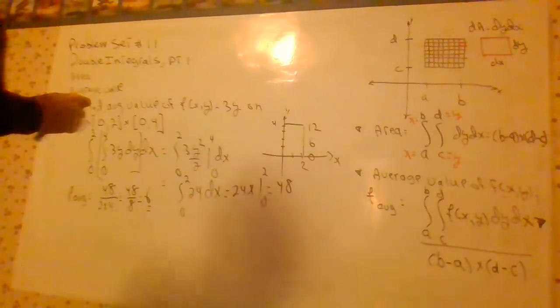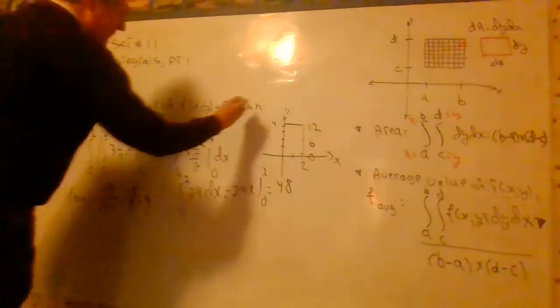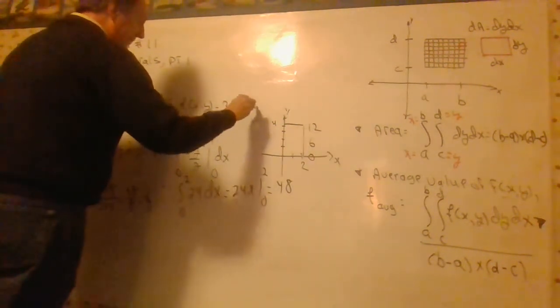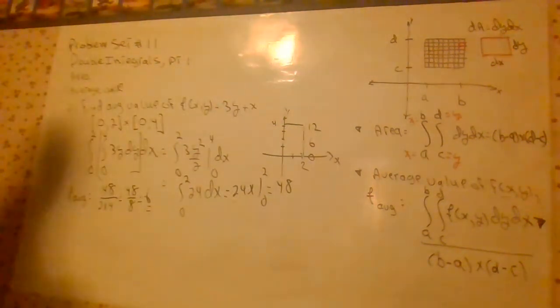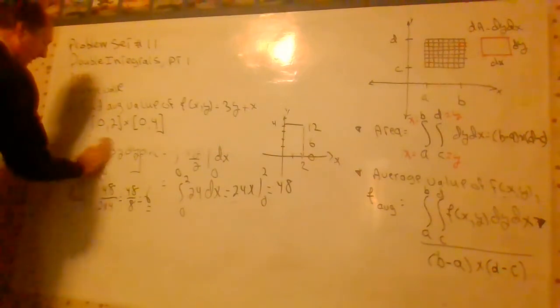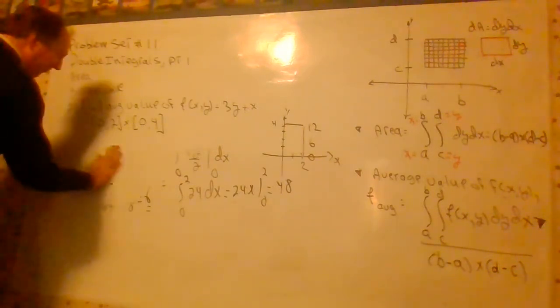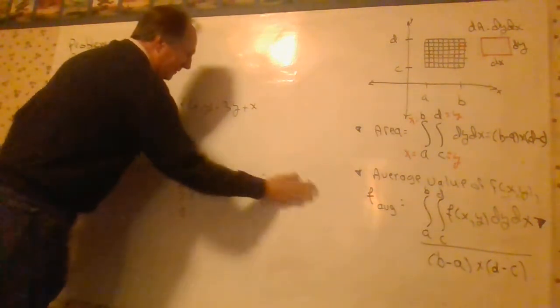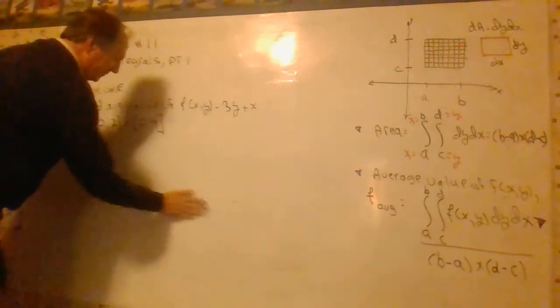Let's look at one more example that's a little bit more difficult. Let's suppose we had 3x and y plus x on the same interval. It's good practice because these anti-partial derivatives can take a little reflection.